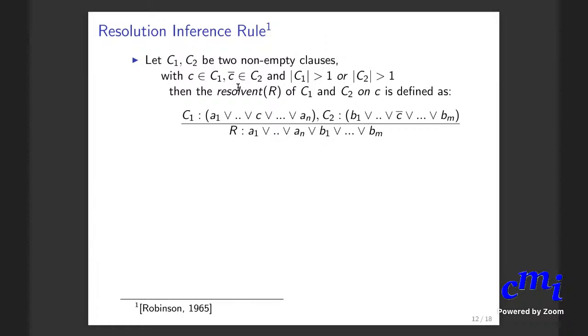It assumes your formulas are in conjunctive normal form, and one can always convert any Boolean formula in propositional logic in this fashion. Is that clear? No one has any doubts on conjunctive normal form?